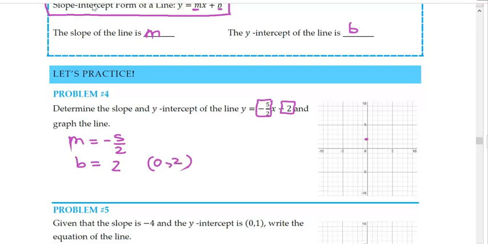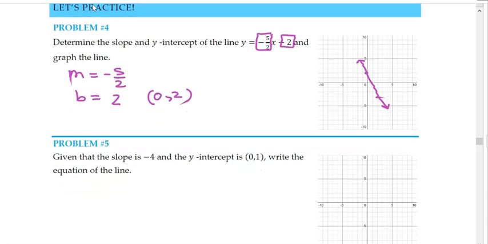So make sure you understand how to write it as an ordered pair. And then to graph it from there, you can go down 5. So 1, 2, 3, 4, 5, and then right 2. And then if you connect those together, that would be the line. It's the graph of the equation of that line.